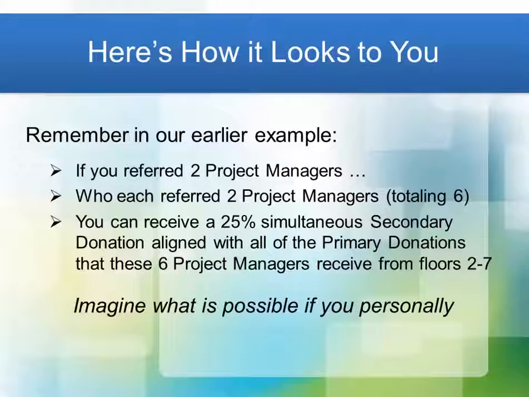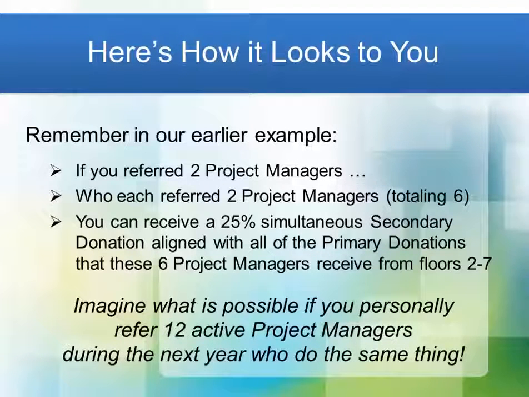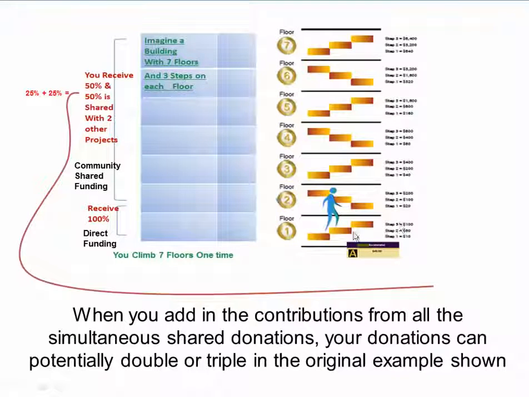Imagine what's possible if you personally refer 12 active project managers instead of just 2 during the next year who do the same thing. It's extremely powerful. When you add in the contributions from all the simultaneously shared donations, your donations can potentially double or triple the original example that we were showing back when you were looking at the numbers.